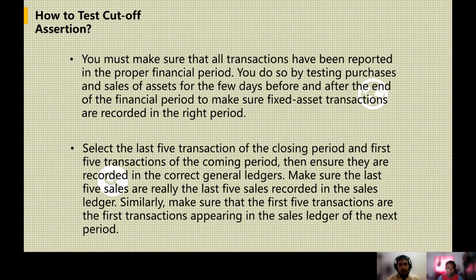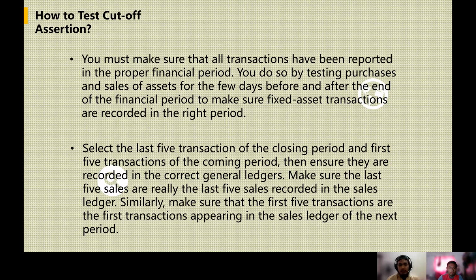These are not assumptions, predictions or expectations from the management, which means they really happened in reality. Similarly, make sure that the first five transactions are the first transactions appearing in the sales ledger of the next period. If we take five transactions that happen in the next period, we have to take the first five.